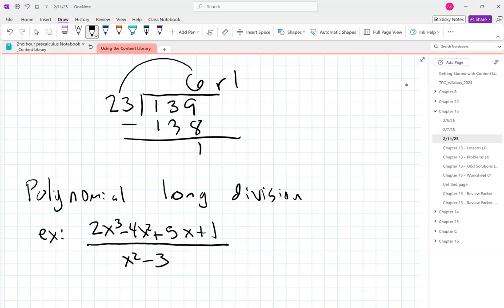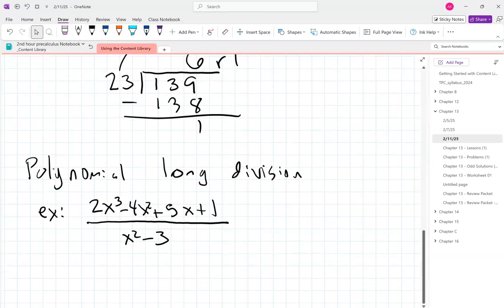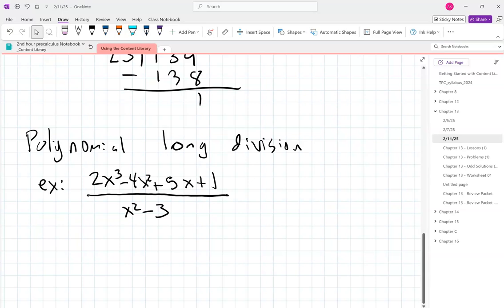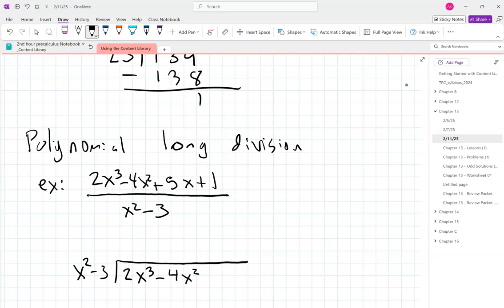And we know that a fraction is the same thing as division, right? So we're cool with either way of writing it there, using the little division bar. So we'll set it up the same way. So the divisor is going to go on the outside. And the dividend is going to go underneath.